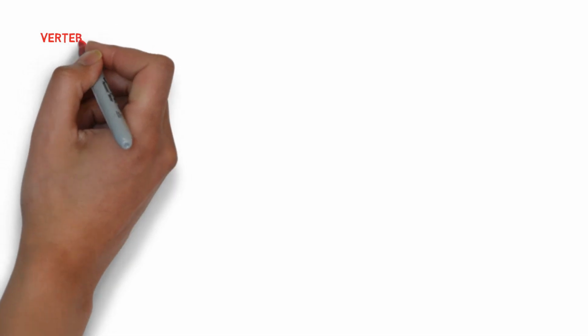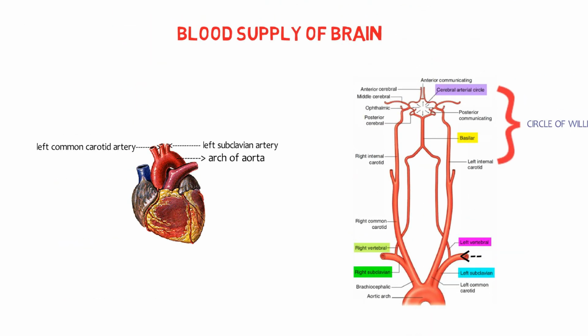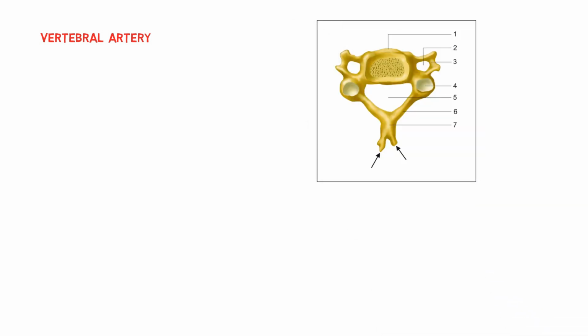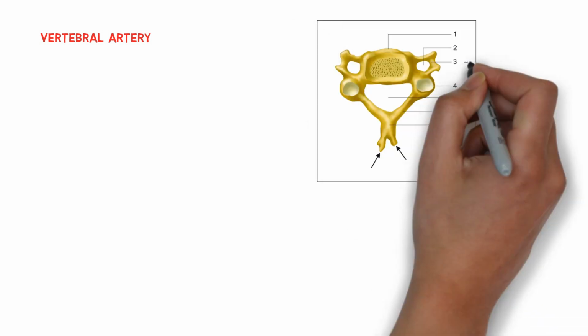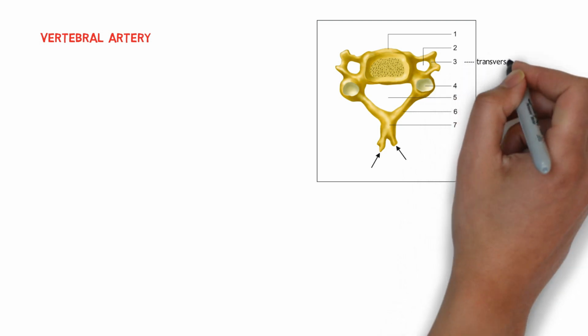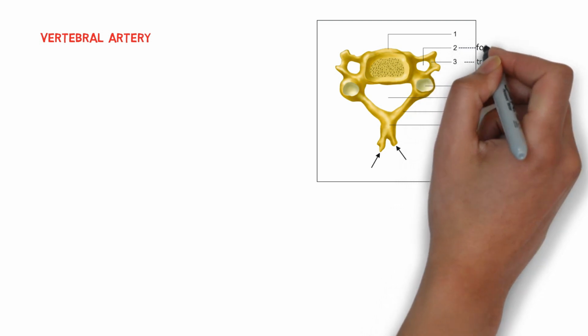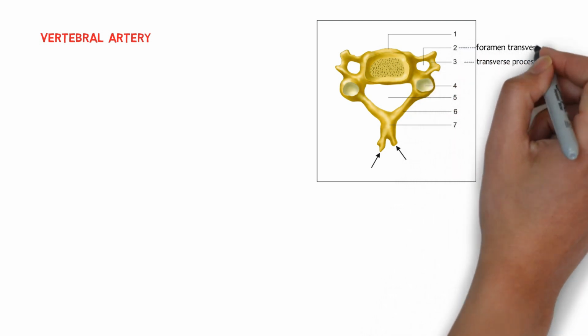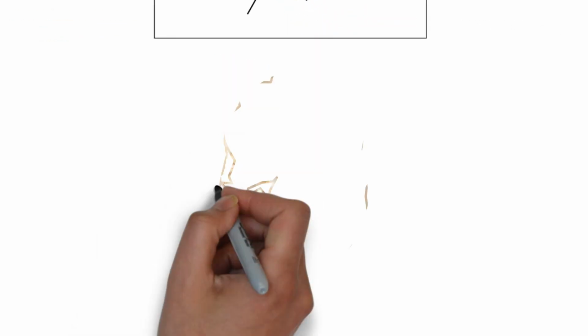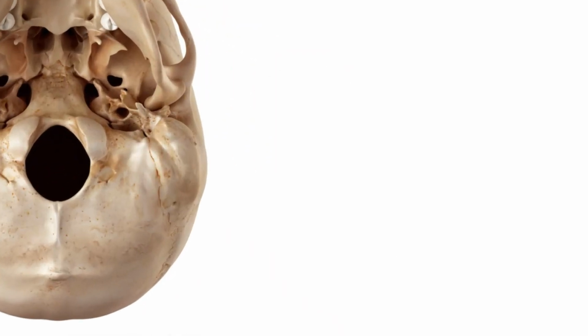Before starting with the circle of Willis, let's clear some points regarding the vertebral artery. There is a very important point to note: it originates from the subclavian artery and reaches the transverse process of the cervical vertebra, and from this foramen transversarium it reaches the foramen magnum.